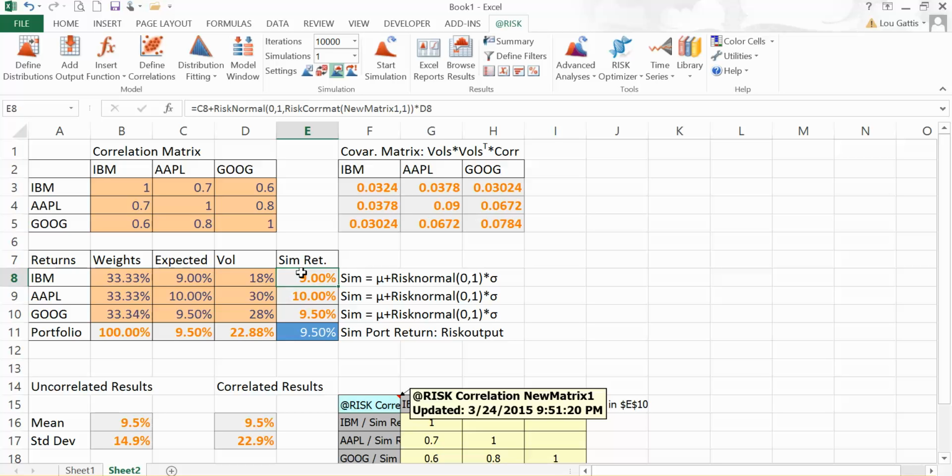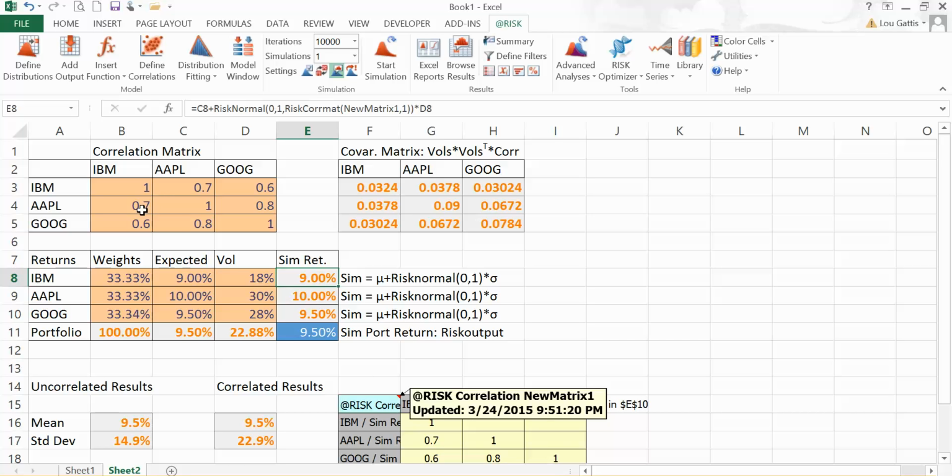That's assuming they're uncorrelated. Once I put in the correlation matrix, now here's what happens. It generates a random Z for IBM. And say that random Z is 3.0, which is a really high random standard normal variable. Once it generates a high Z for IBM, it's going to generate a random variable for Apple, but it knows that IBM and Apple are correlated.